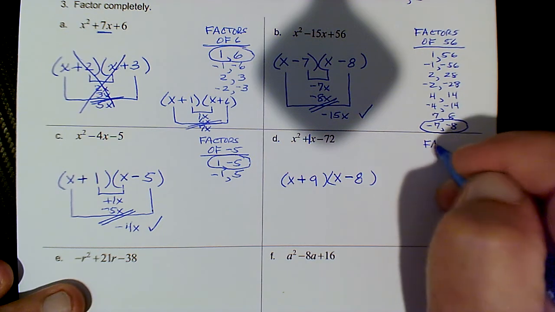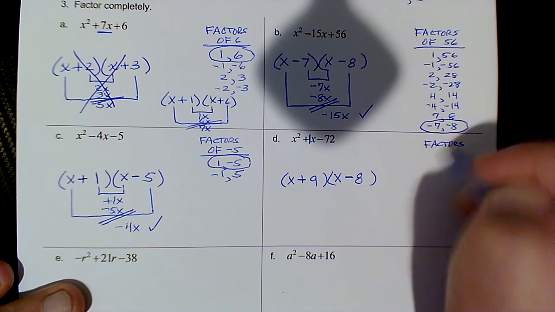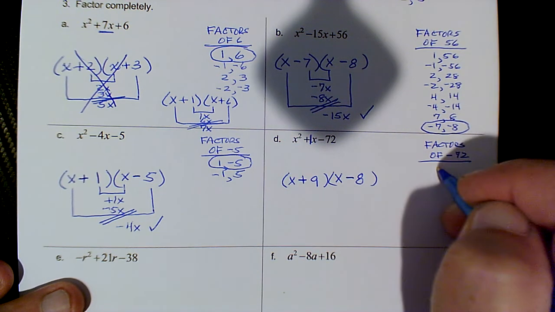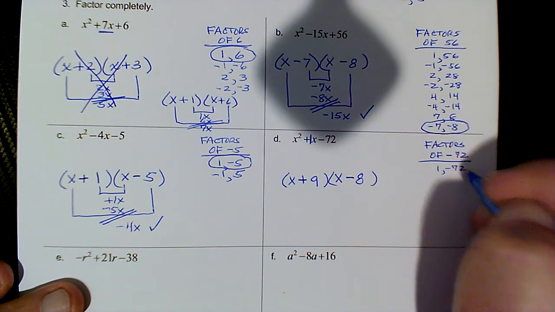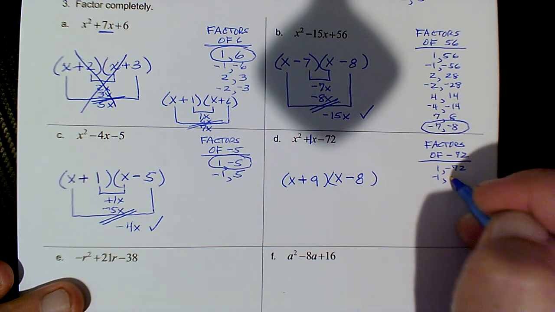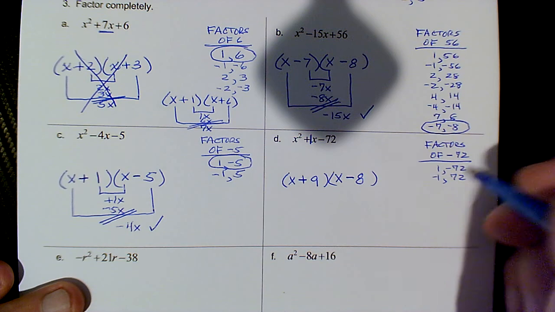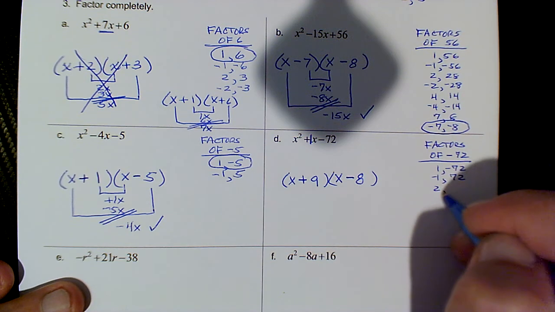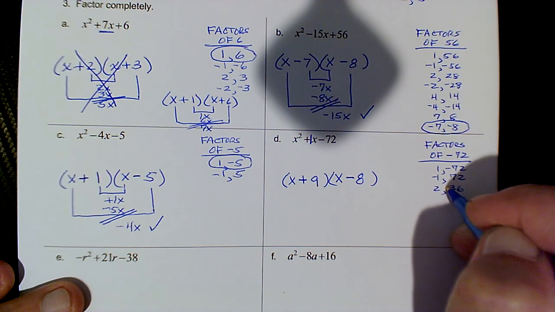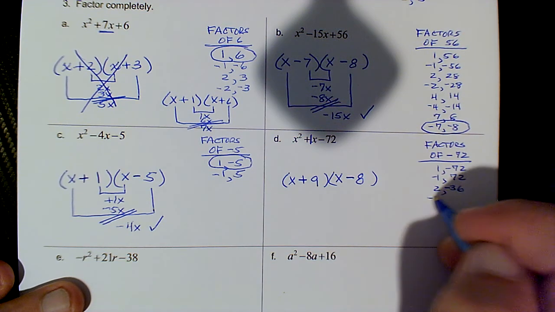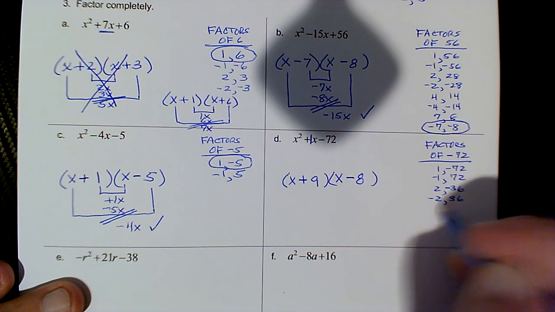And again, you could use the factor method. So the factors of a negative 72 are 1, negative 72. Again, it's usually not these extreme ones, but it could be. Negative 1, 72, 2 and 36. Let's say negative 36, or negative 2 positive 36.